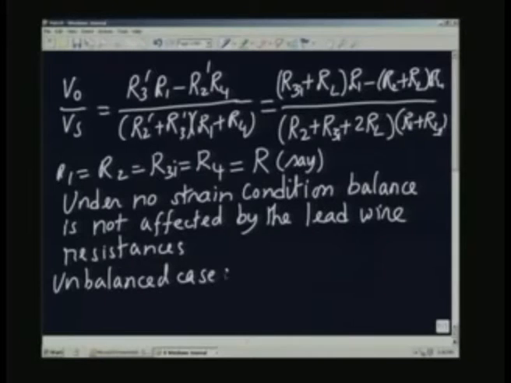So, in the unbalanced case, R3I becomes R3I plus dR3. So, this is due to strain. Due to the straining of the strain gauge, there is a small change in the resistance, and therefore, I can substitute into that and write the expression for that. So, we can simplify.